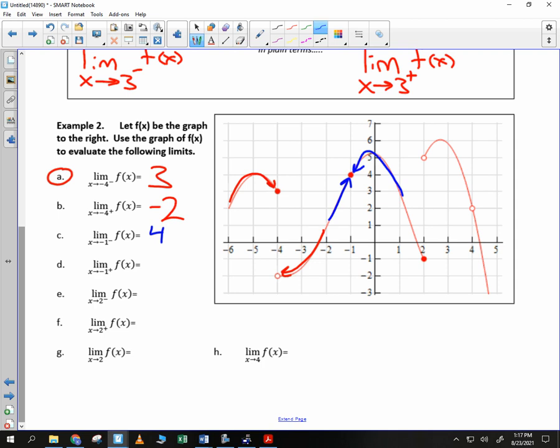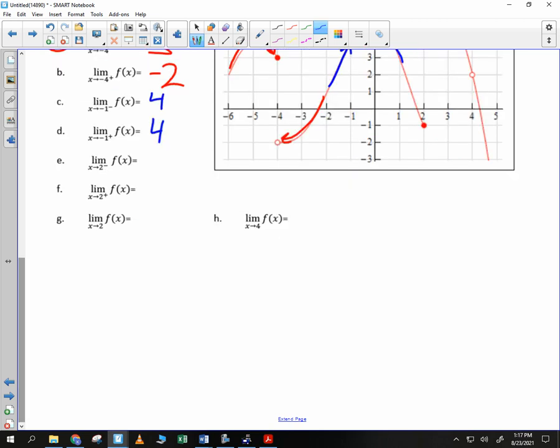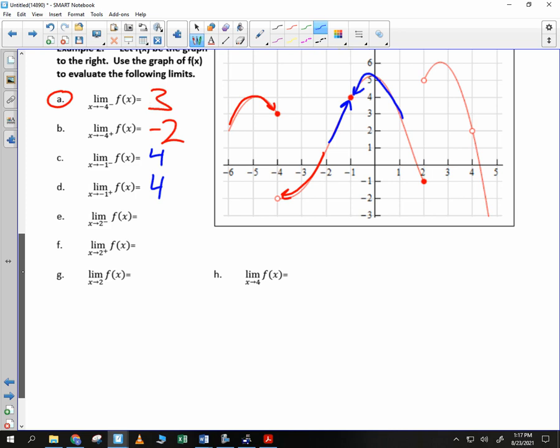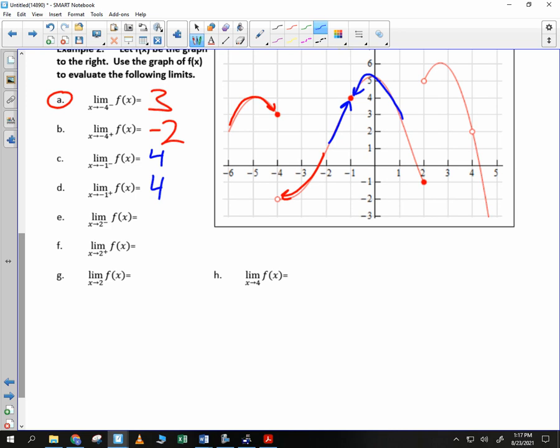What's the height approaching? 4. Those happen to be the same, don't they? Sometimes they're different, sometimes they're the same. What's the next one that I'm approaching? From the left or right? From the left, approaching a height of? From the right, 5.